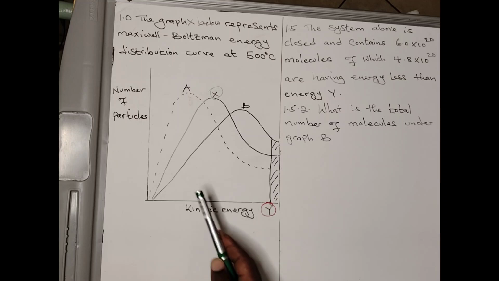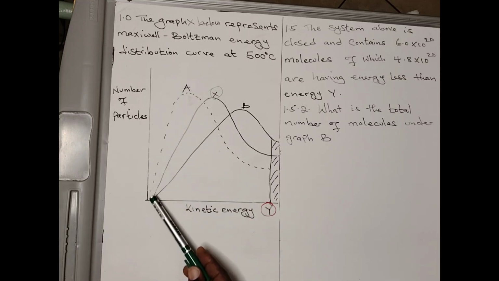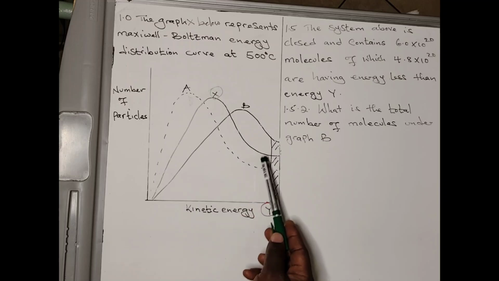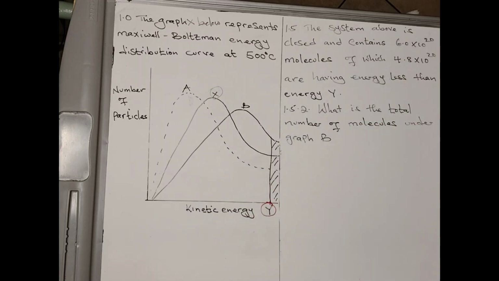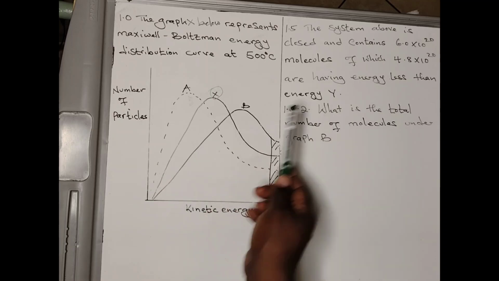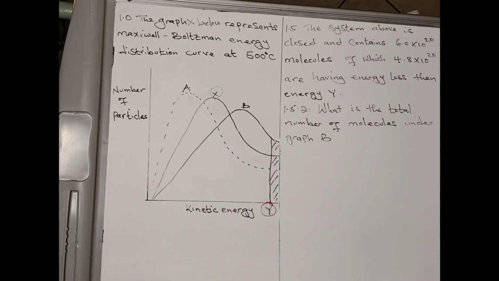Okay, when you look at here, we know that the system is closed and contains 6.0 times 10 power 20 molecules, of which these ones are having energy below Y. So what is the total number of molecules? Because you have to remember that they said it's closed. Closed means no molecules are entering or leaving.